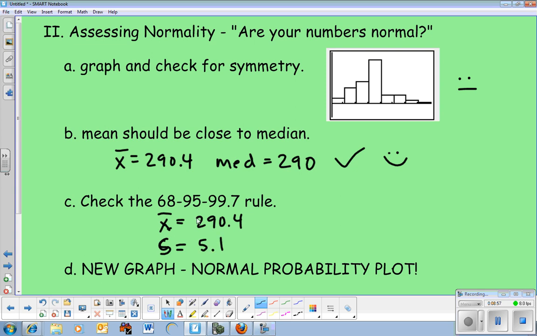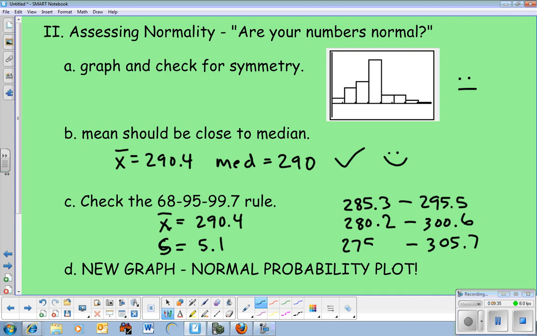So 68% of my numbers should be between, let's see, 290.4 minus 5.1, which would be 285.3. And if I add the 5.1, I'm at 295.5. If I go again and add and subtract another 5.1, that's going to take me down to 280.2 and up to 300.6, then 305.7 and 275.1.